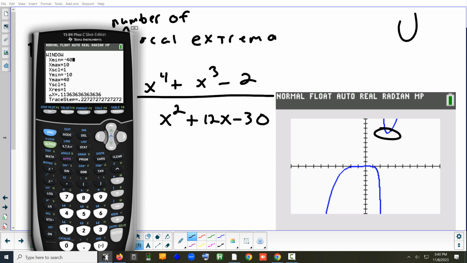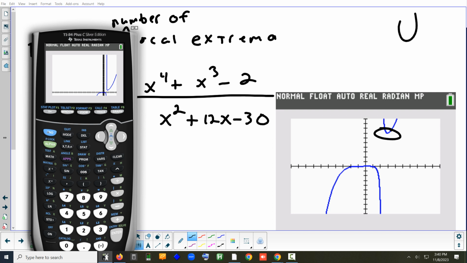Let's try negative 40. And let's go up to 120. I thought I would have seen the parabola continue the other way at some point.